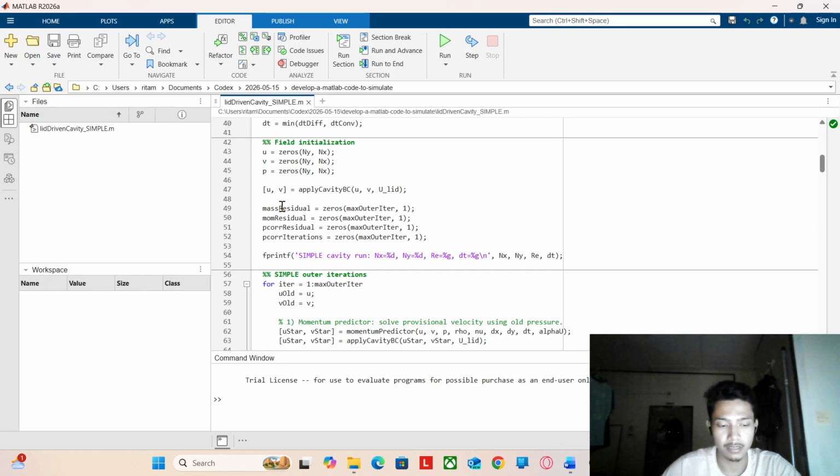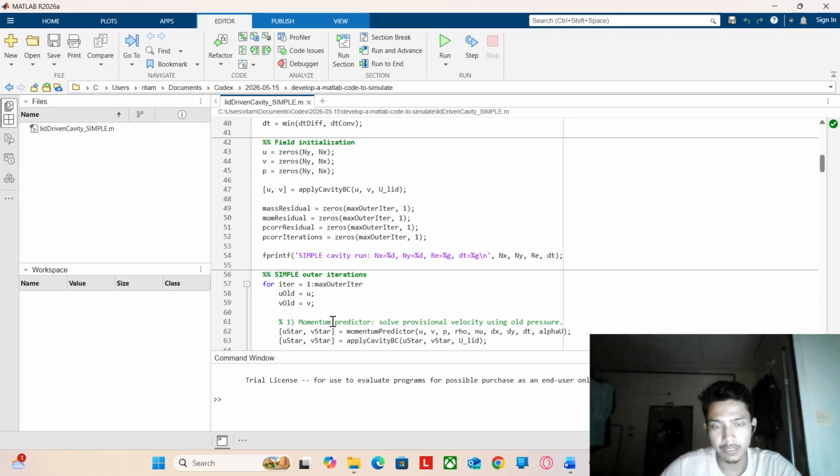Then comes the SIMPLE outer iterations, like for iter equal to 1 colon max outer iter, u old equal to u, v old equal to v. This is the main SIMPLE iteration loop.